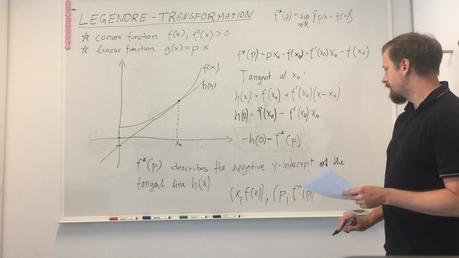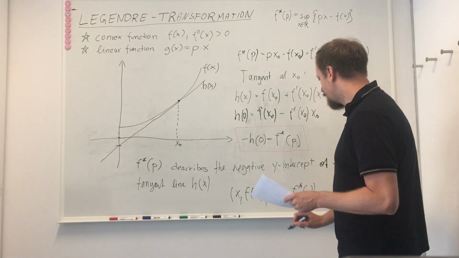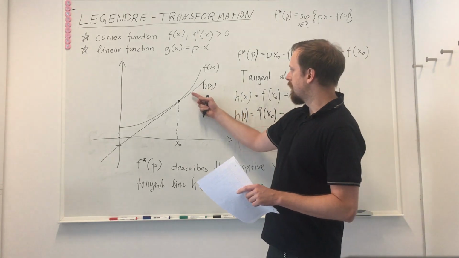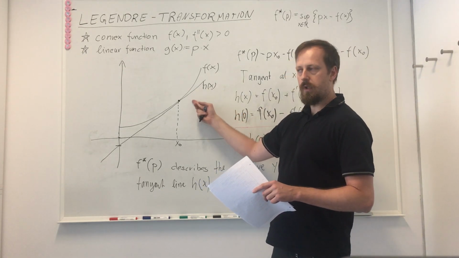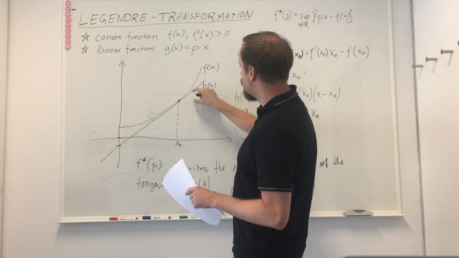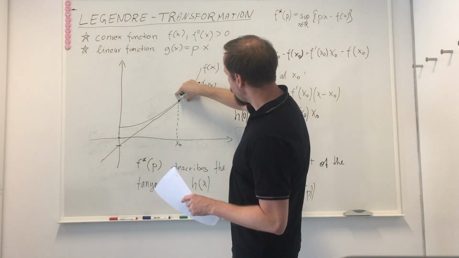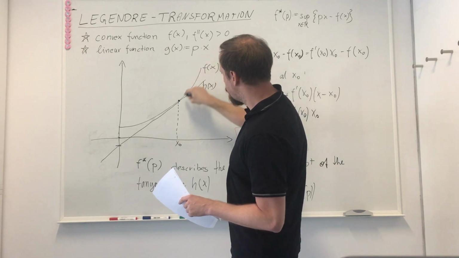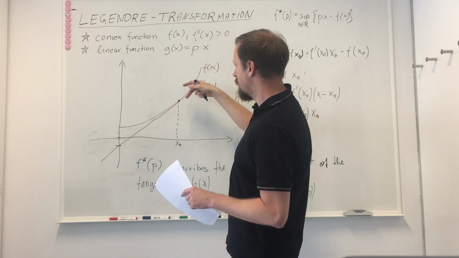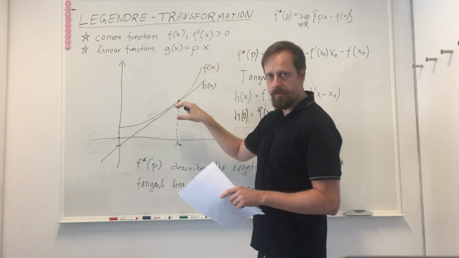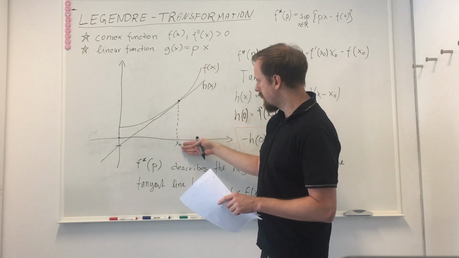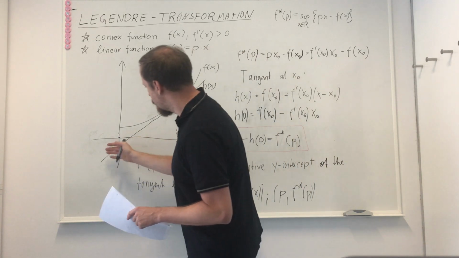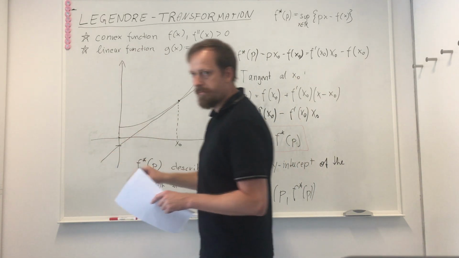And in the one-dimensional case, the geometric interpretation is that p is the value of the first derivative of this function, and the value for the first derivative being p has a corresponding x naught and also a corresponding negative y-intercept value here.